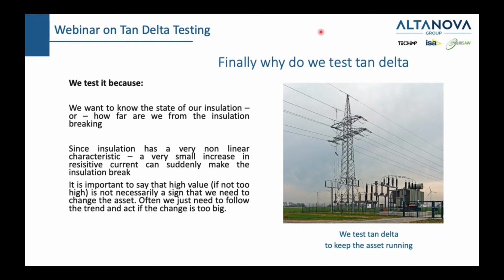Often what we need to do is simply to follow the trend. And by following the trend, we will also know, do we need to change that asset or not? So another way to answer the question why we do a tan delta test, we do a tan delta test to keep our asset running.